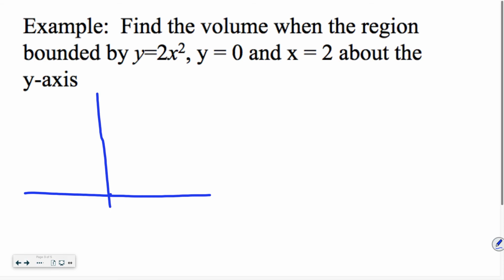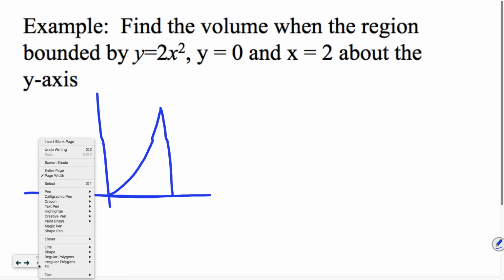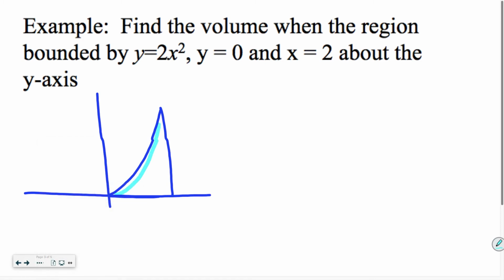Okay. So y equals 2x squared looks like this, y equals 0, and x equals 2. So here's the region, right?